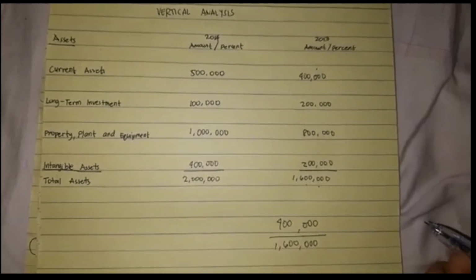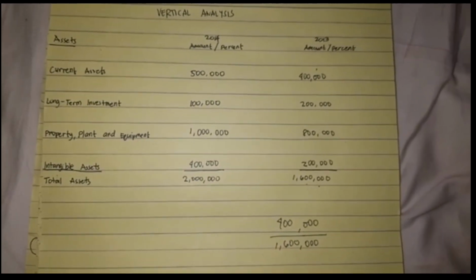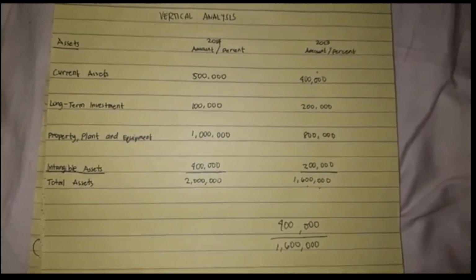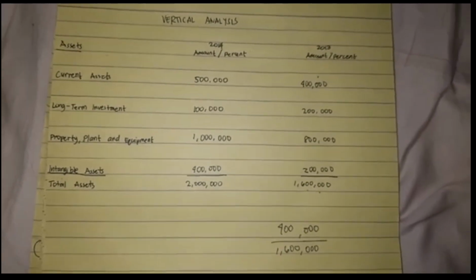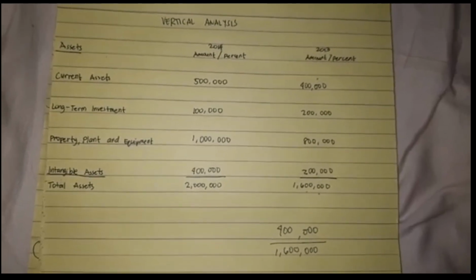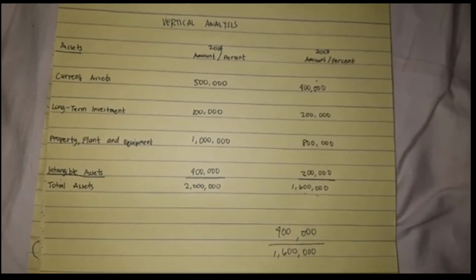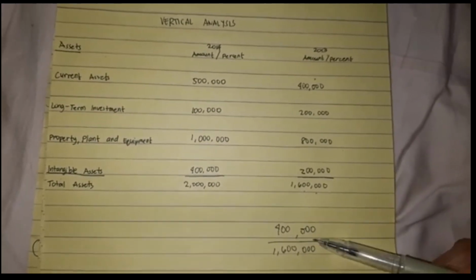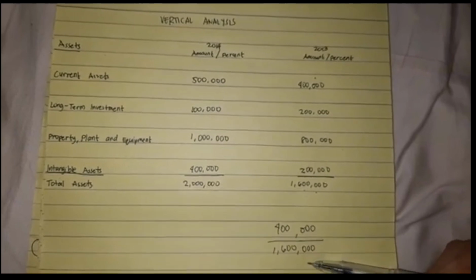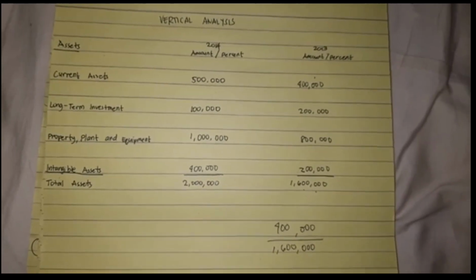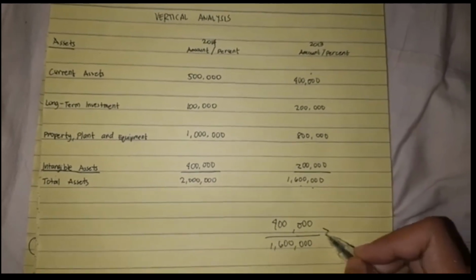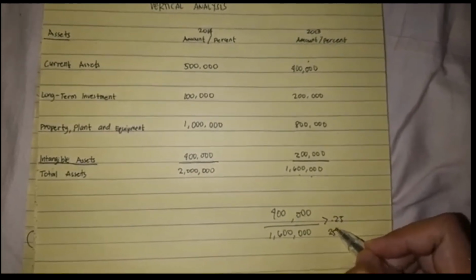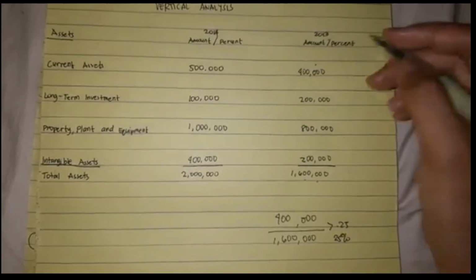To figure out what percentage the current assets are of the total assets, because that's what we are doing in vertical analysis, what percentage this is of the whole thing, I take 400,000 by the 1.6 million, which gives me 0.25 or 25%. So that's my percentage.